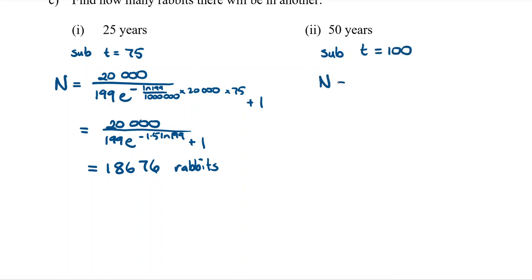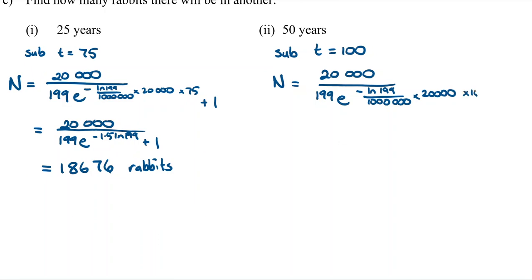So N equals 20,000 over, here it comes again, 199 e to the. All right, you should get 19900 rabbits.